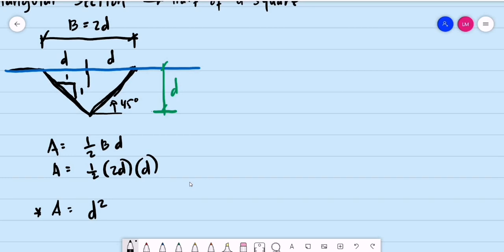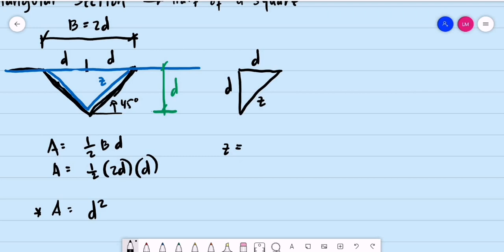How about the wetted perimeter? As you can see, our wetted perimeter is the inclined perimeter, considering these two inclined sides of this triangular channel. Let's say the dimension of the inclined side is Z. We are just considering this triangle. For example, we have the height or the depth of the channel is D. Then half of the triangle is also D. What is the value of Z? So this is Z, by Pythagorean theorem, equal to the square root of D squared plus D squared.